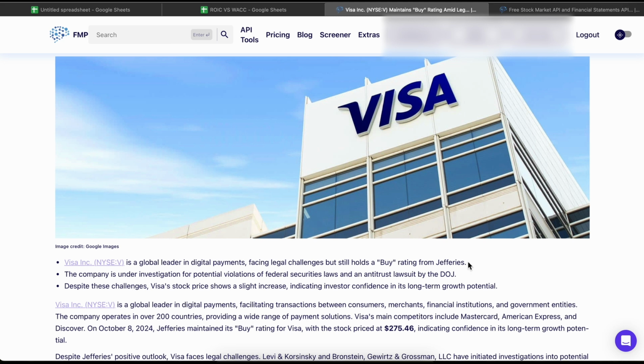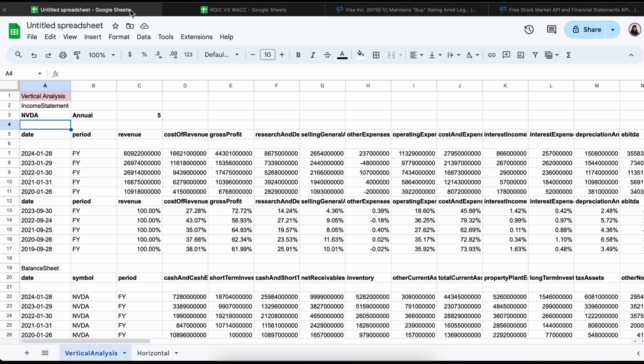So let's start. First, I have this Google Sheets prepared for you. If you don't know how to undertake vertical and horizontal analysis, how to connect FMP add-on, you can watch my previous video. I explain everything in more detail and what to look for when you do vertical and horizontal analysis.